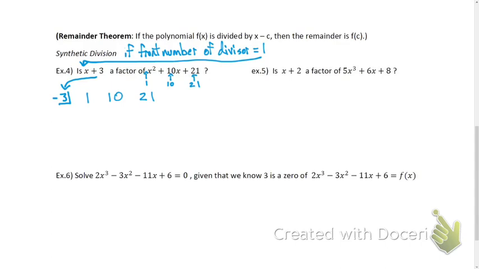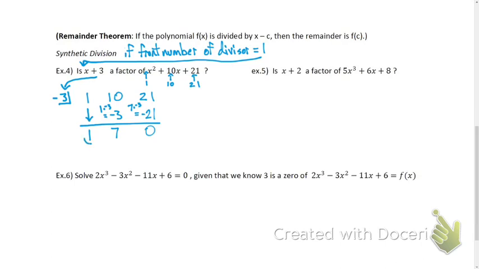Skip a line, like leave a space, and draw a line. And this is how you do it. First number drops straight down. The number under the line, you multiply by the number in the bracket. So I go 1 times -3. You combine the 10 and the -3 to get 7. And you repeat. 7 times -3 is -21, and you get 0.